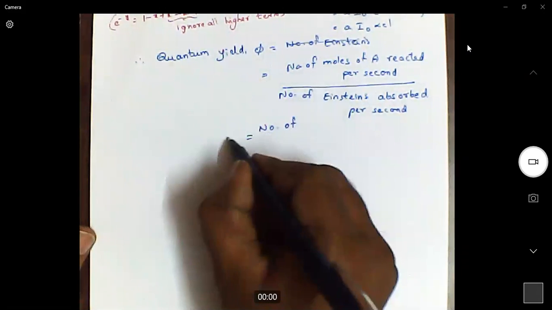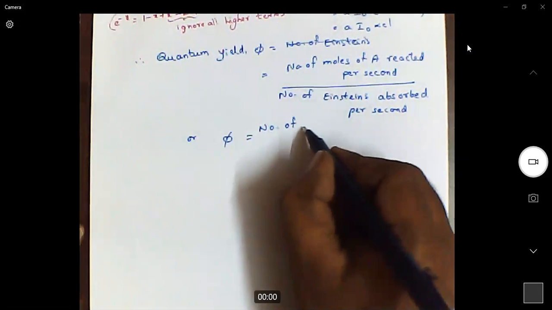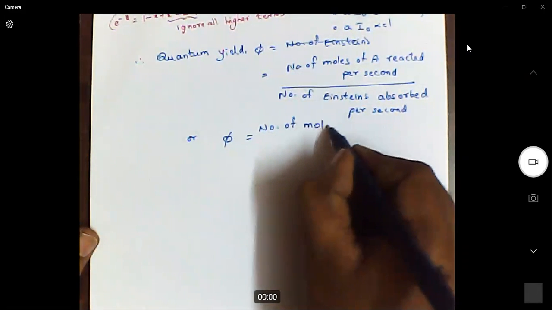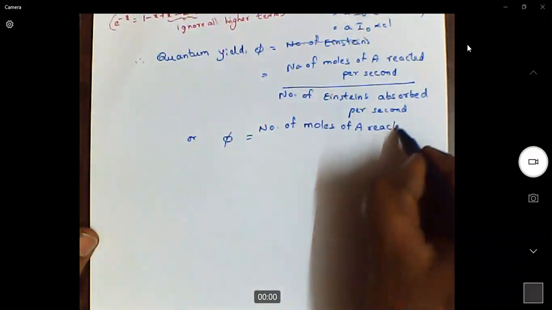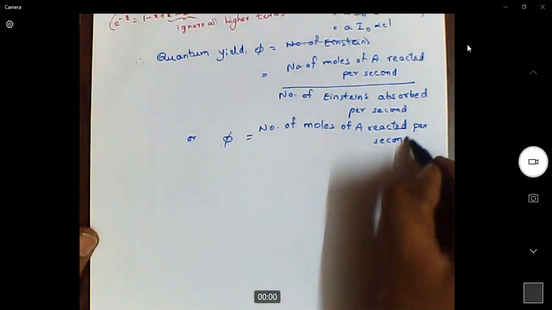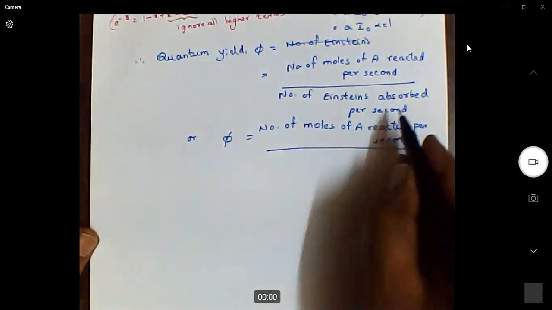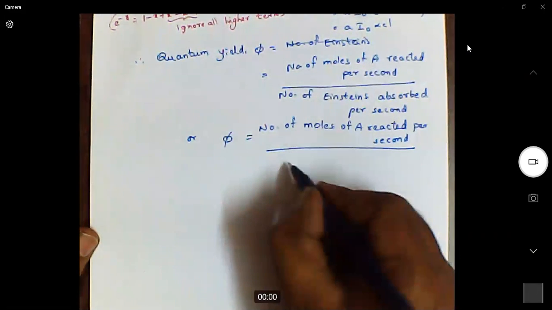Or phi is equal to number of moles of A reacted per second divided by number of Einsteins absorbed per second. This is the expression.